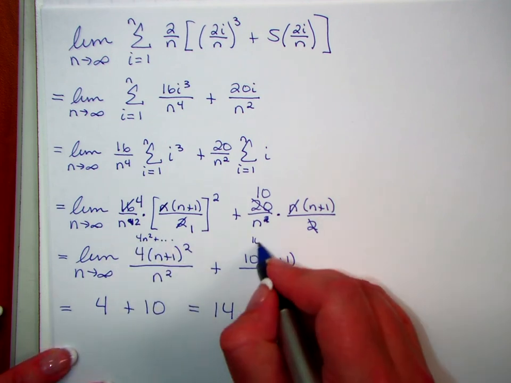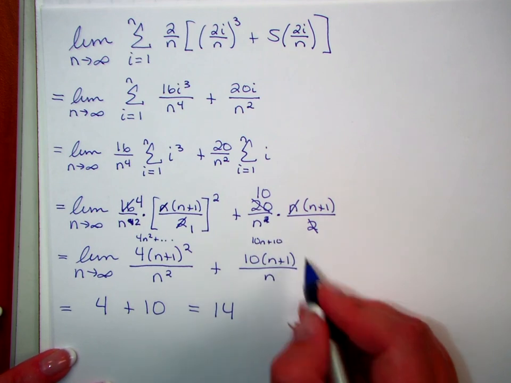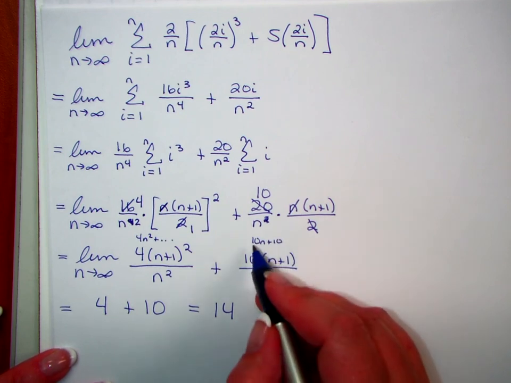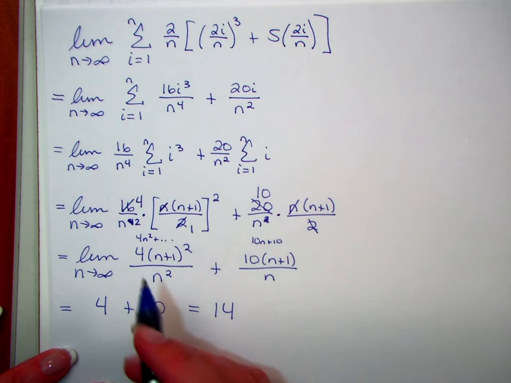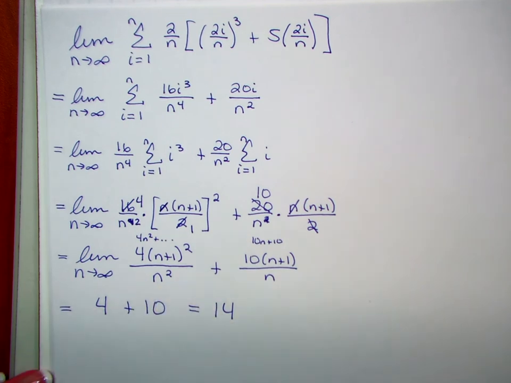And this one is 10n plus 10 over n. So if you start dividing everything by n, the only thing you're going to be left with is the 10. So do try and use those shortcuts when possible. All right, so we get a final answer of 14 here.